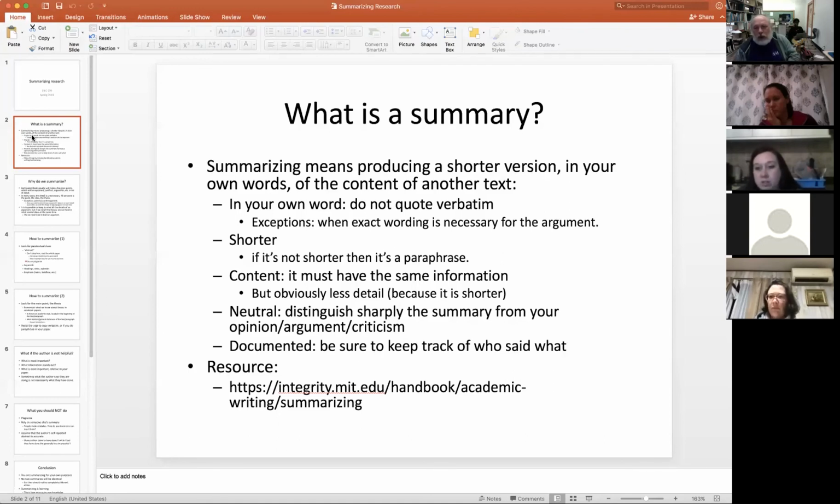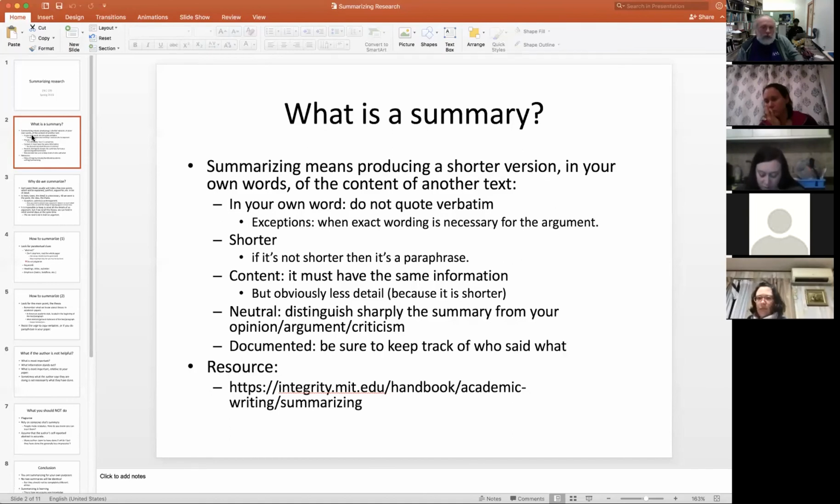The important thing is make sure that you distinguish very carefully between what is your opinion and what the author said, because not distinguishing carefully can lead to all sorts of problems. So it's okay to comment, not a problem, but that should be done outside of your summary.